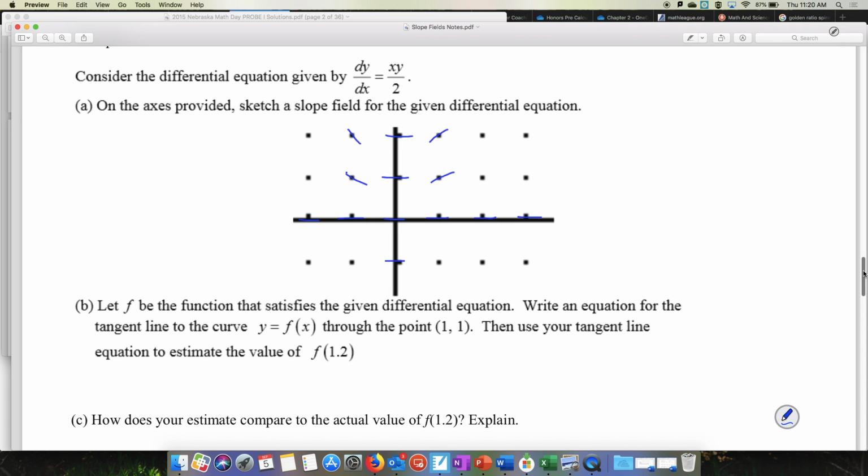And what about 2, 1? That would have a slope of 1. Okay, so I'm going to go ahead and reflect those over here. Let's see. 3, 1 has a slope of like 3/2. And 3, 2 would have a slope of 3.